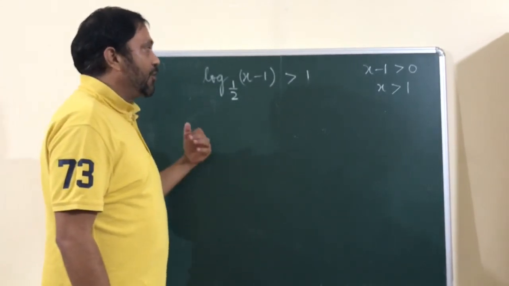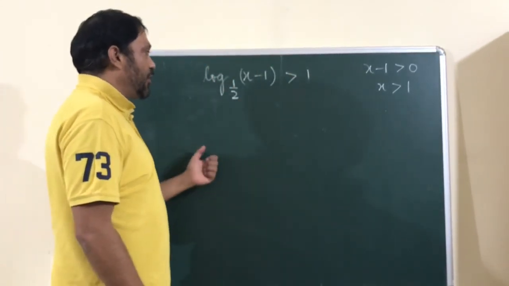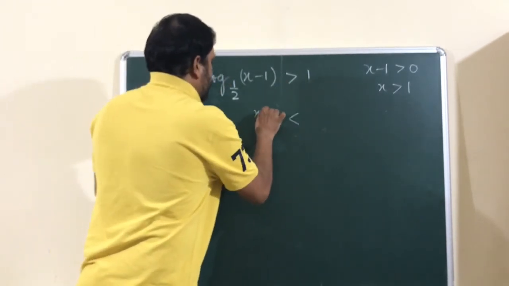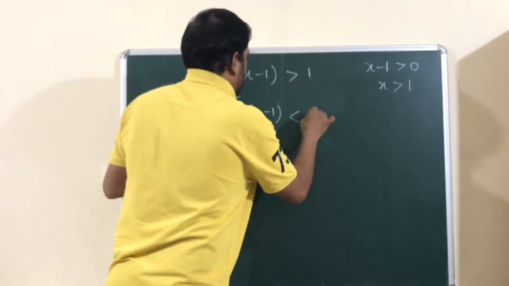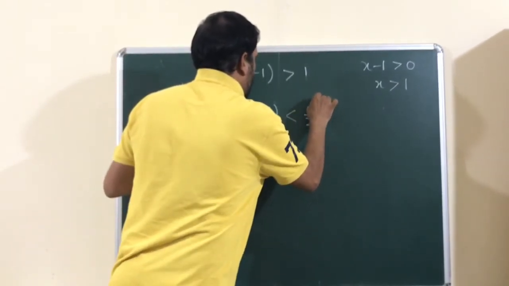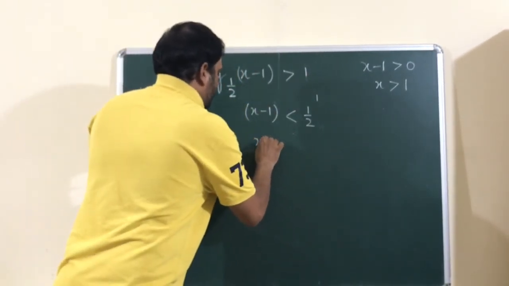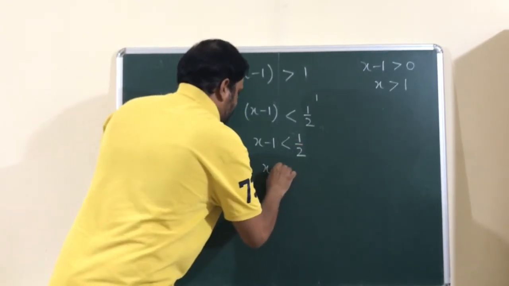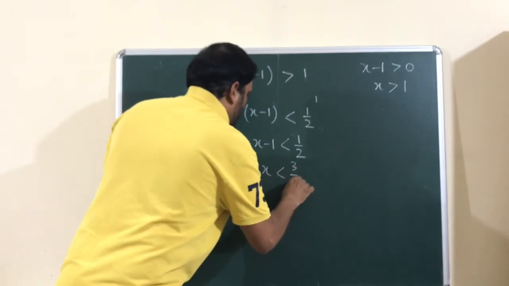But we want the values which are more than 1. So first of all, you change the inequality sign. And this is x minus 1 is less than 1 by 2 raised to the power 1. So x minus 1 is less than half, or x is less than 3 by 2.